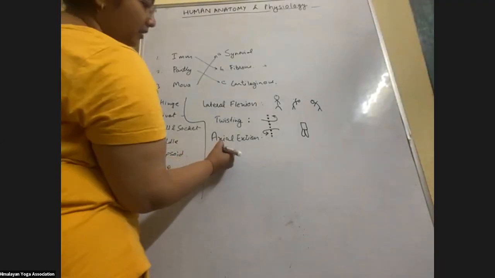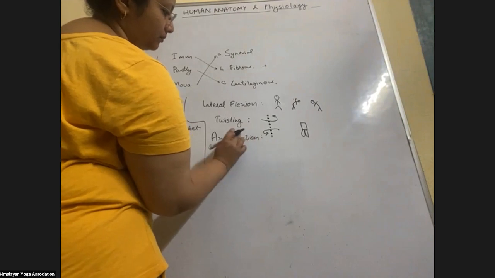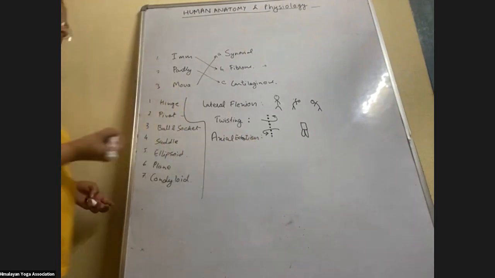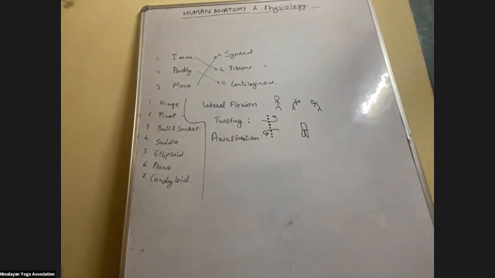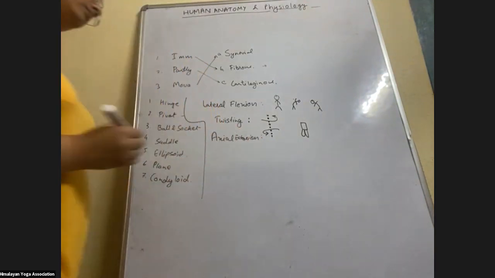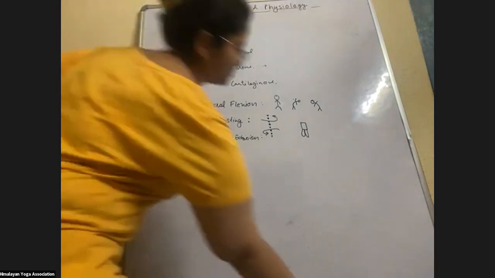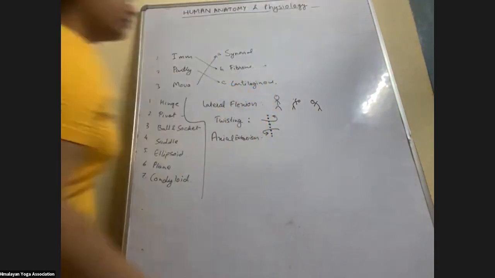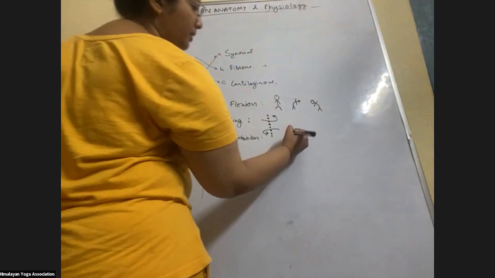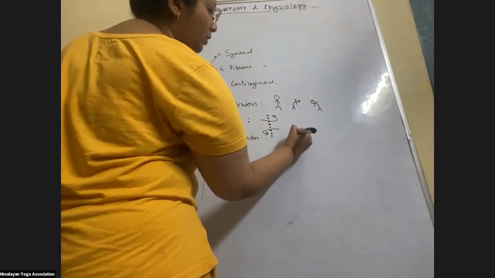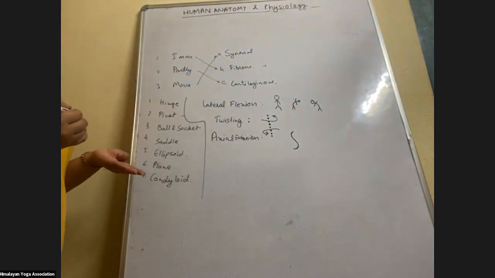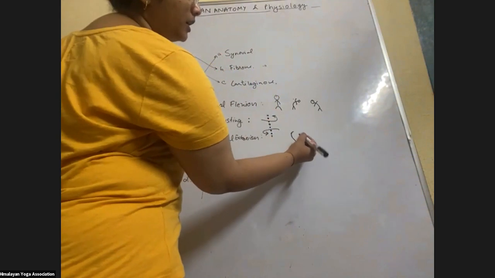Then axial extension. What happens in axial extension? Straightens the spine. Yes, very good. So this is the lateral view that I'm giving. The spinal cord is in the form of an S. So in axial extension, we are trying to reduce these curves.